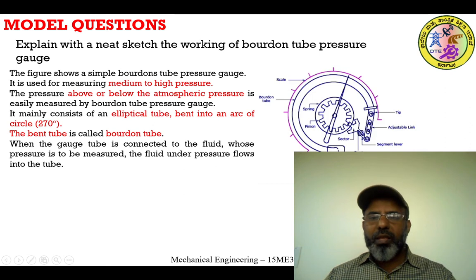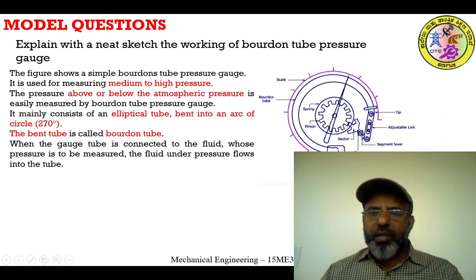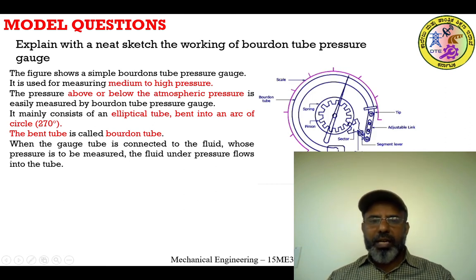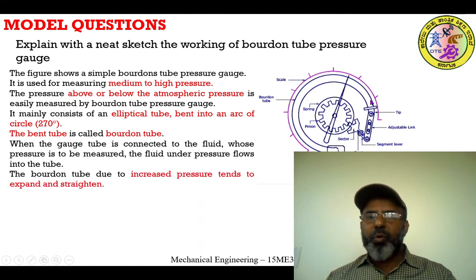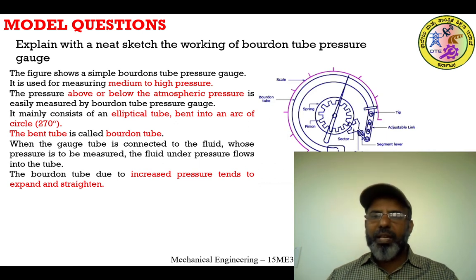When the fixed end is attached to the fluid whose pressure is to be measured, the fluid will enter under pressure into the tube. Then the Bourdon tube, due to the increased pressure, tends to expand, which means it becomes circular in form and tries to straighten.